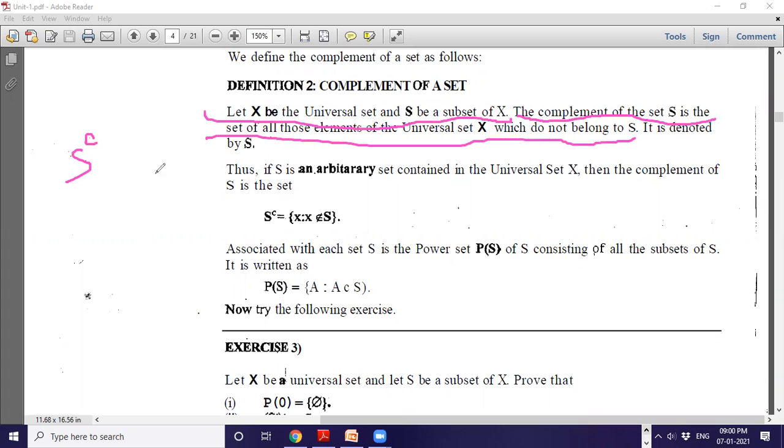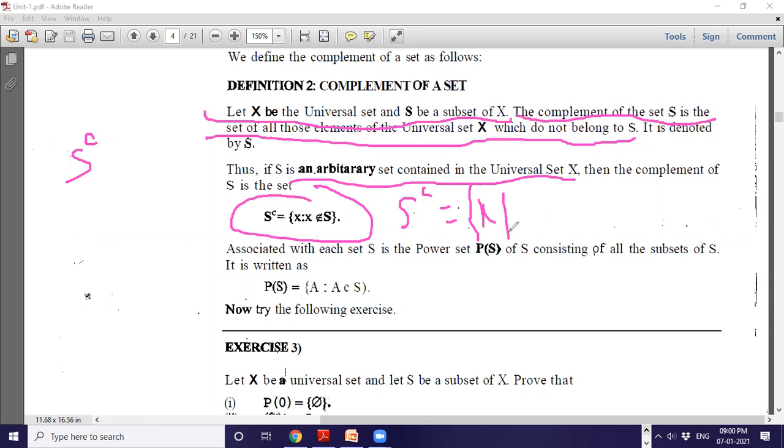C stands for complement. Thus, if S is an arbitrary set contained in the universal set X, then the complement of S is the set S^C such that it contains all the elements x so that x does not belong to S, but this x belongs to our universal set. Okay, so this is the definition of complement.